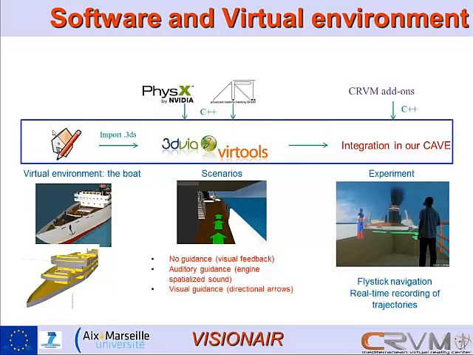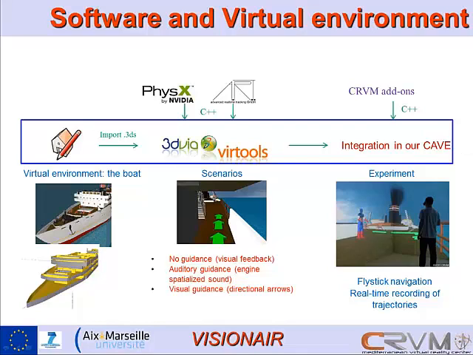So we took a simple model, I would say, from Google SketchUp, which was imported in Virtools, which is our main industrial engine here, using physics modeling and ART tracking to integrate finally this application in Arcave.